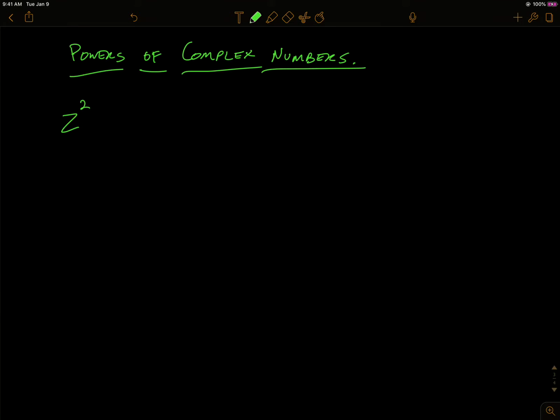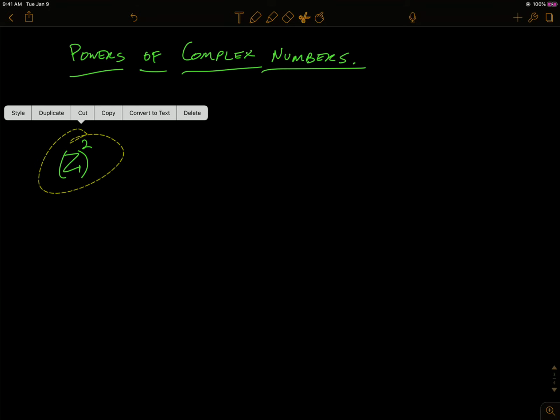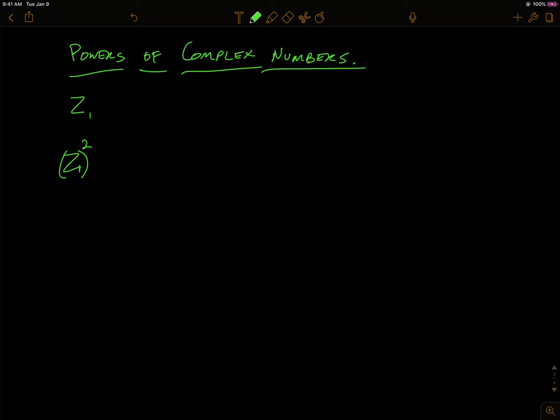Let's say I want to do z squared for some complex number, z sub 1 squared. Let's say I want to square that complex number. So I'm going to define z sub 1 as r sub 1 times cosine of theta sub 1 plus i sine theta sub 1. Basically, we just do our multiplication formula with it because z squared really means z times z.